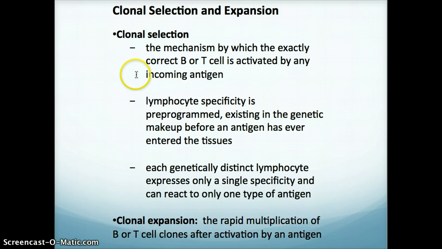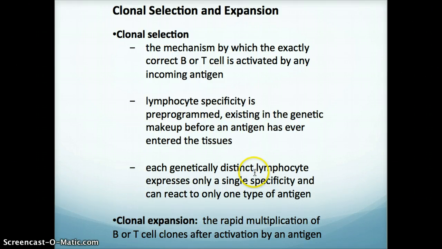The mechanism of this is activated for both B or T cells by an incoming antigen. Because that lymphocyte specificity is pre-programmed, there is existing genetic makeup before an antigen has ever entered the tissue, right? We've already made this lymphocyte with this particular receptor before the antigen even comes in.